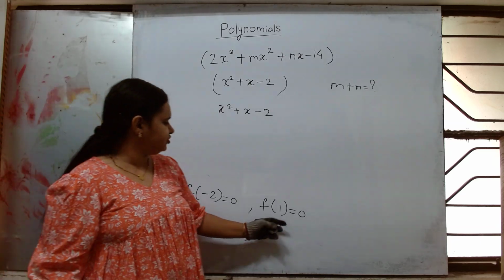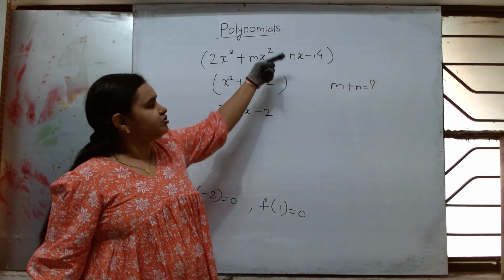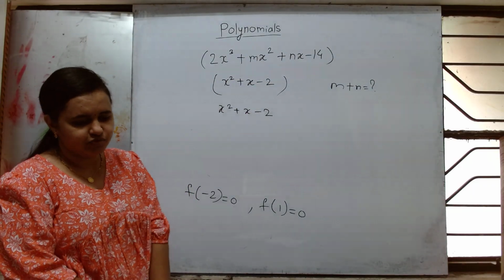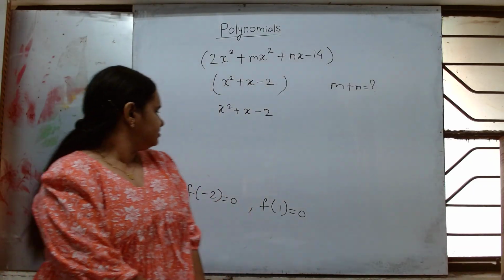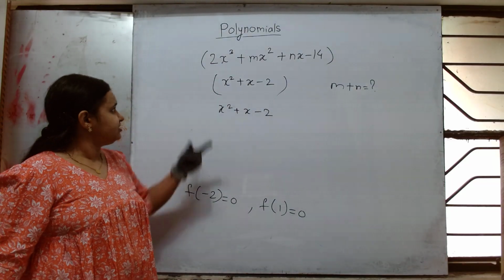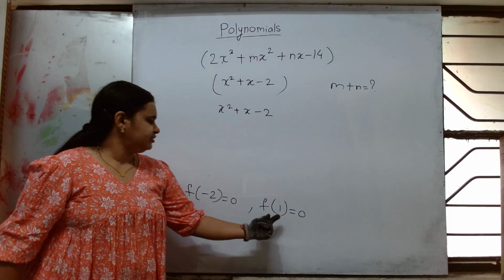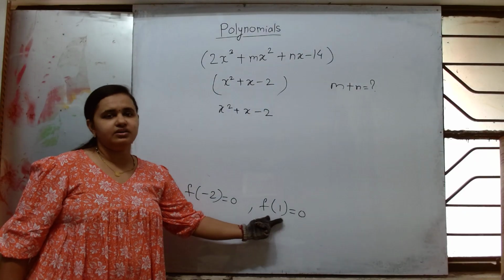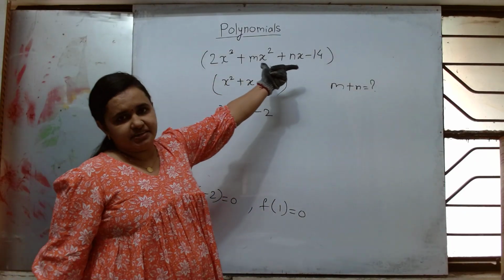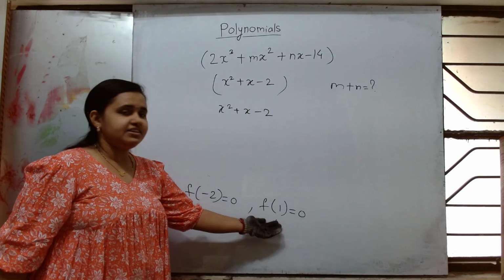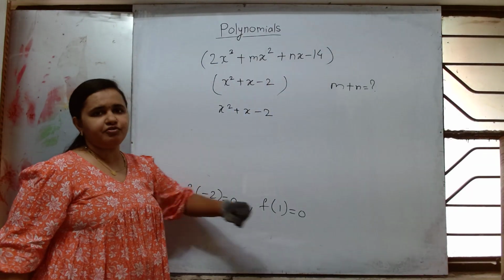And if we put 1 in this polynomial also, we get an equation in m and n. We want m plus n. You can put either value and check. For easier calculation, I am taking f of 1.